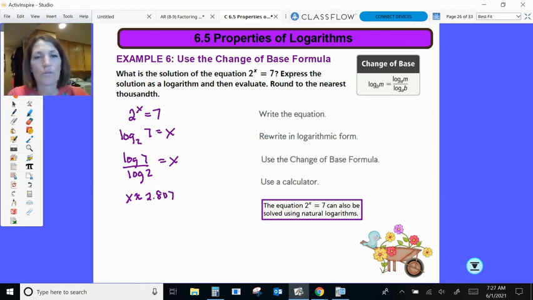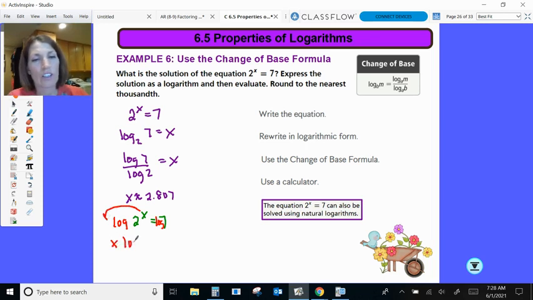So now just for funsies, I'm just going to show you a little bit of also what you can do. If we have 2 to the x equals 7, you can also take the log of both sides, because it's an operation. So log of 7, and then you can actually use your properties and put x out over here.